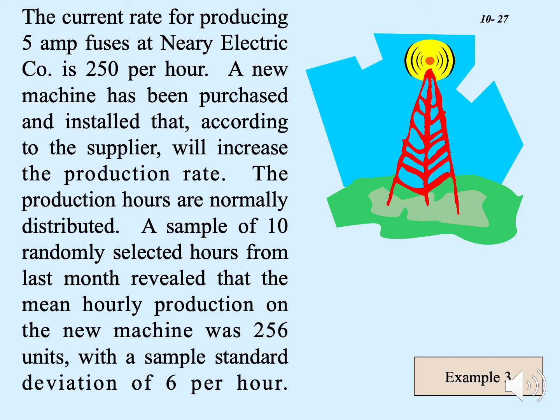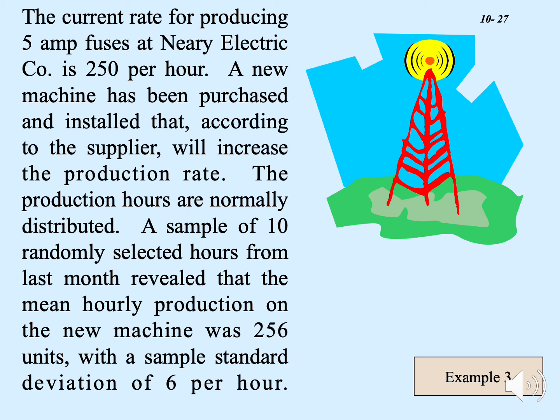The current rate for producing 5 ampere fuses at Canary Electric Company is 250 per hour. A new machine has been purchased and installed that, according to the supplier, will increase the production rate. So the production hours are normally distributed. A sample of 10. So here it's only 10.